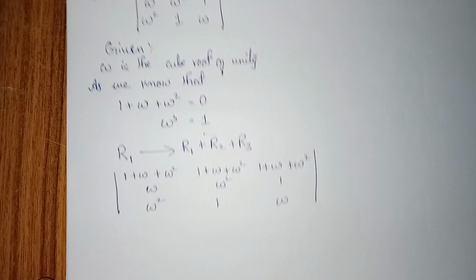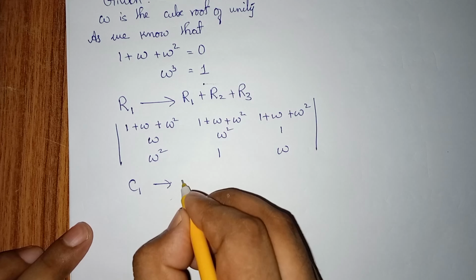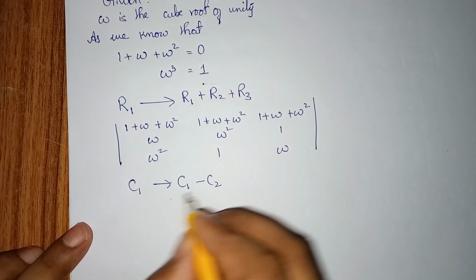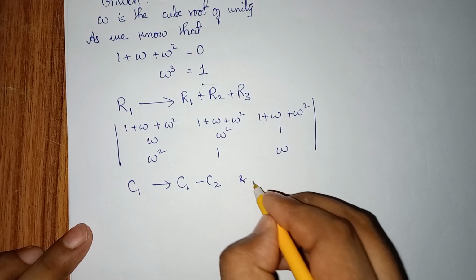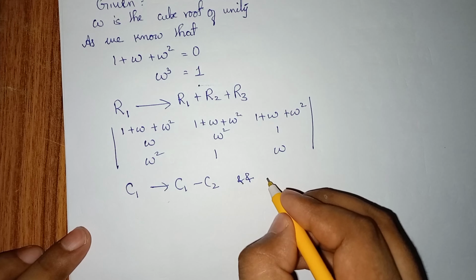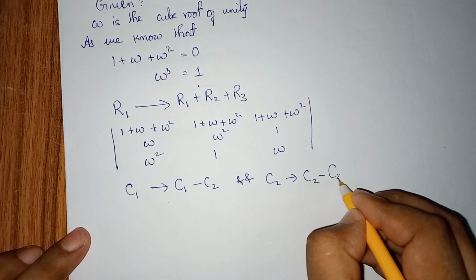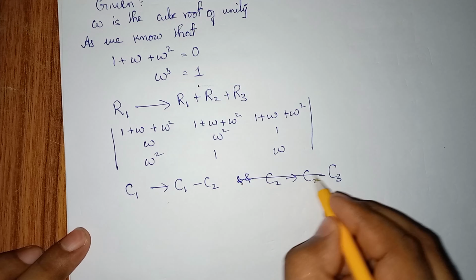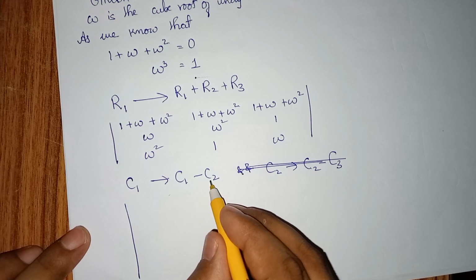Completed. After that I will apply the column operations. C1 tends to C1 minus C2, and simultaneously C2 tends to C2 minus C3. Or if you are getting confused, let me do it step by step. C1 tends to C1 minus C2.